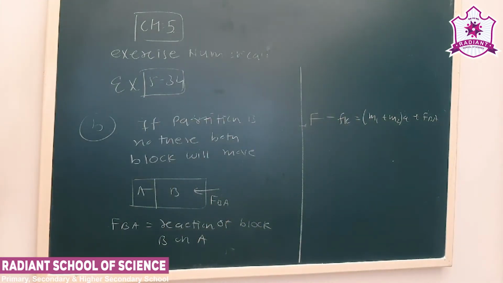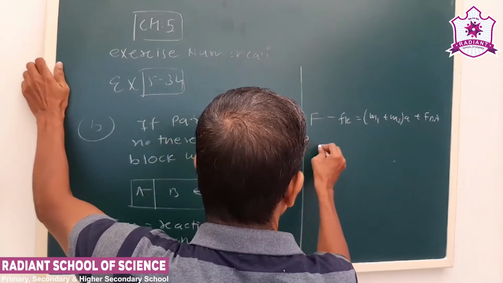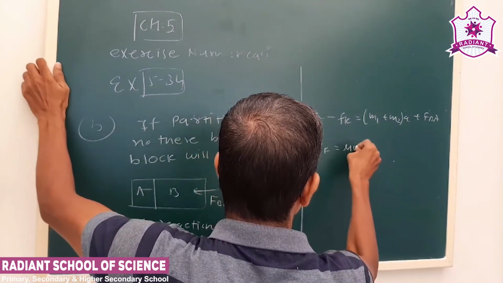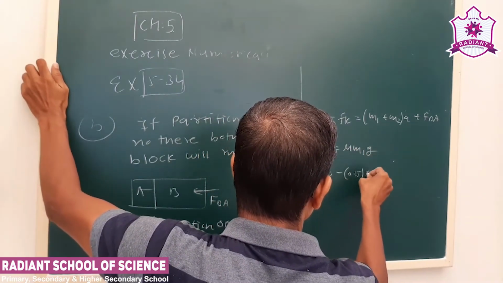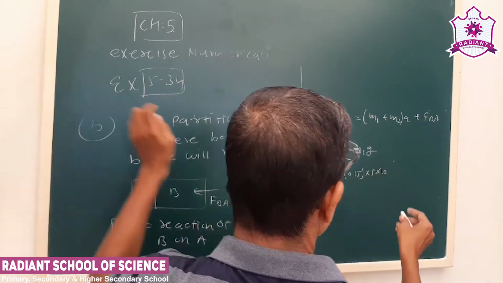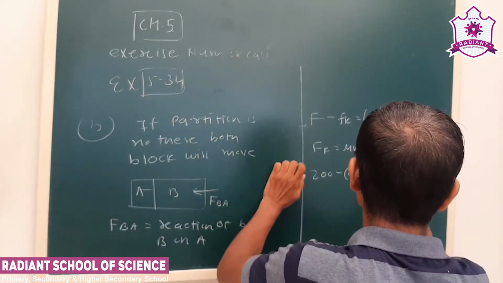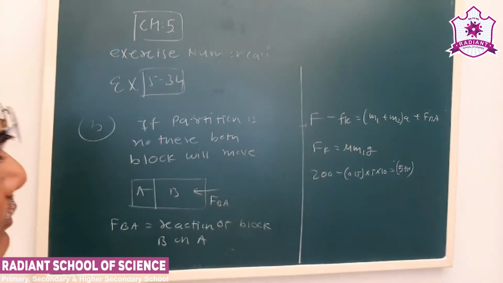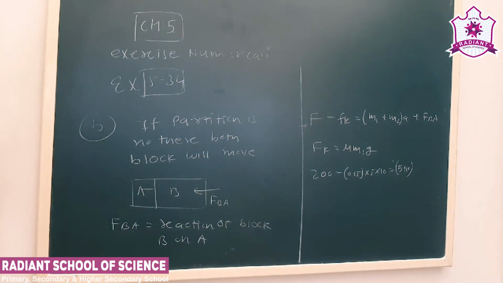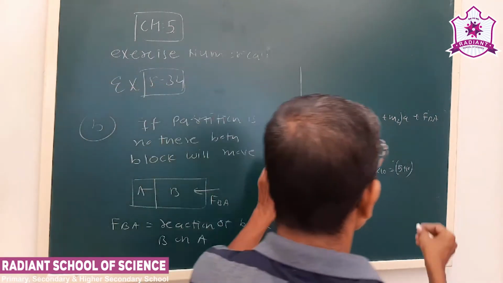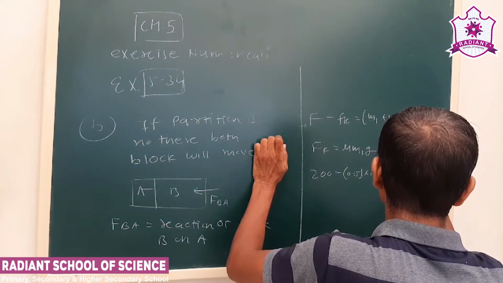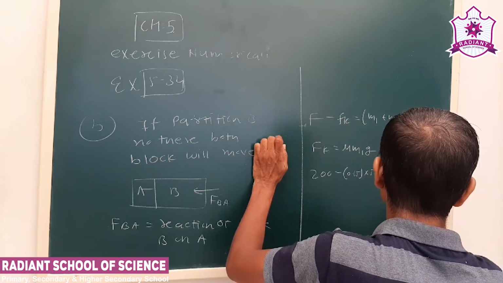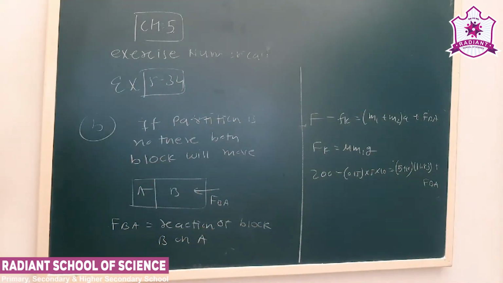Now Fk is μk m1 g. So 200 minus 0.15 into 5 into 10 is equal to (5 + 10) into the acceleration we have obtained, 11.83, plus FBA.